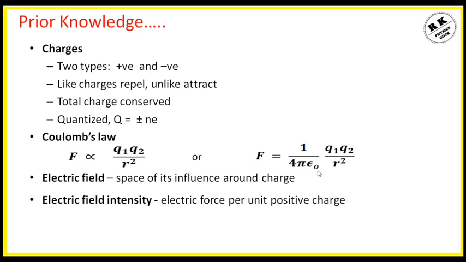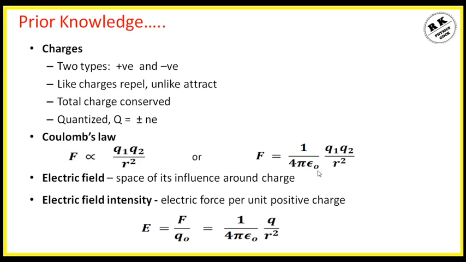Next one is electric field intensity. In an electric field, at any point, the force experienced by a unit positive charge is called the electric field intensity at that point, or simply electric force per unit positive charge. Mathematically, it is written as E is equal to F by q naught.